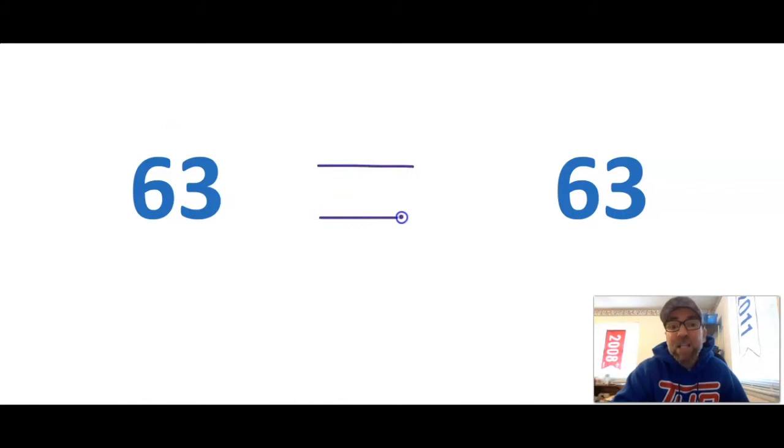Did you say none of them? They are equal. So when both sides are the same, we say that they are equal. 63 equals 63. Piece of cake. Go ahead and erase your whiteboard so we can try another.